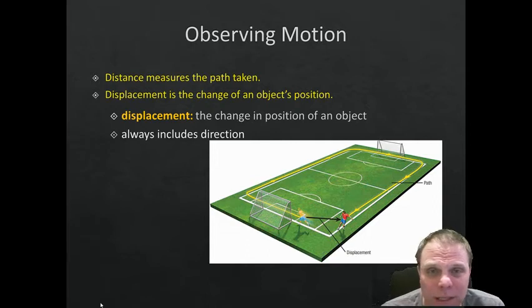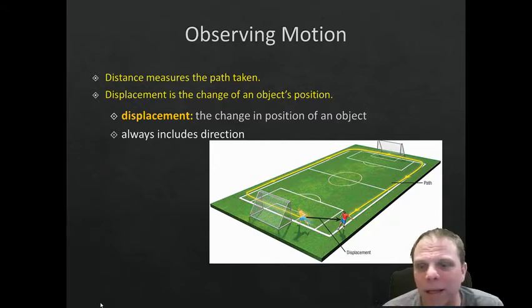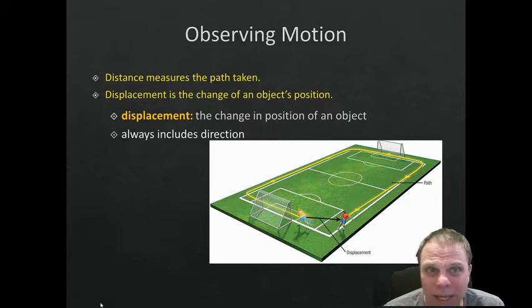That displacement is just the change in the object's position. So he may have run 190 meters, but he may have only been displaced by 10 meters, right? He may have only changed his overall beginning and ending position by like 10 meters, even though his distance might have been 190 meters, okay?